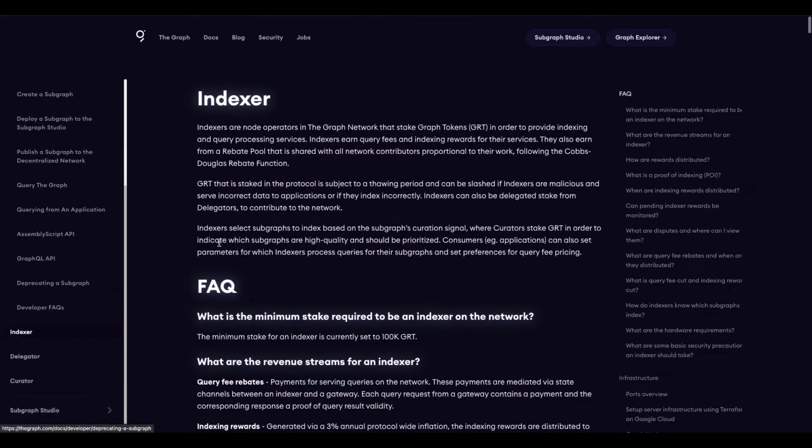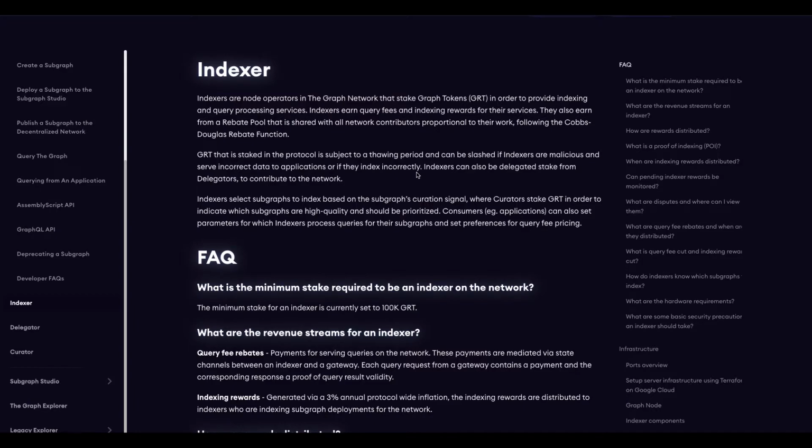So the next group of people will be indexers, and these are node operators for GRT that provide indexing and query services. Indexers earn rewards through query fees and indexing rewards, also from a rebate pool shared throughout the network.